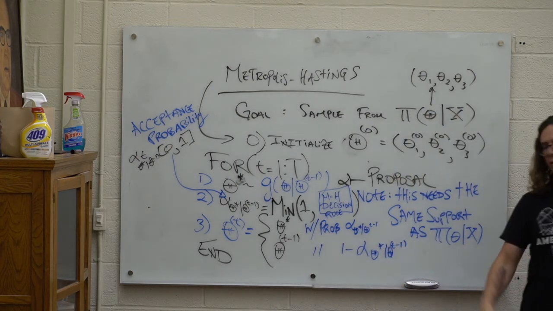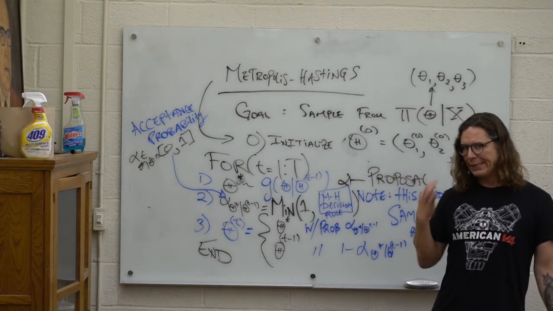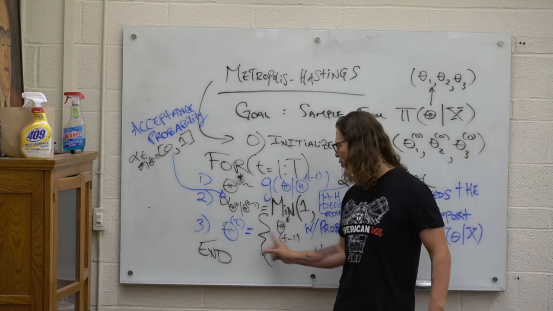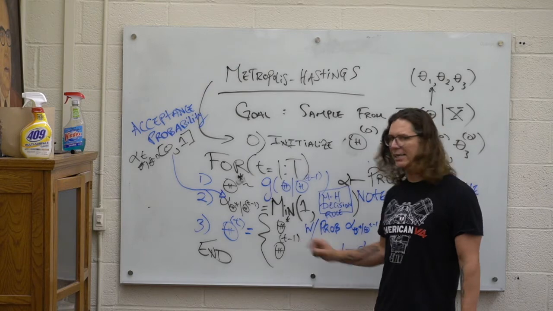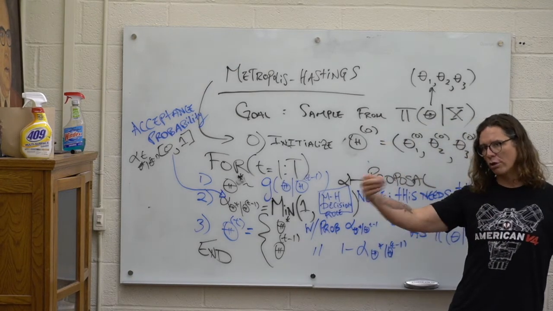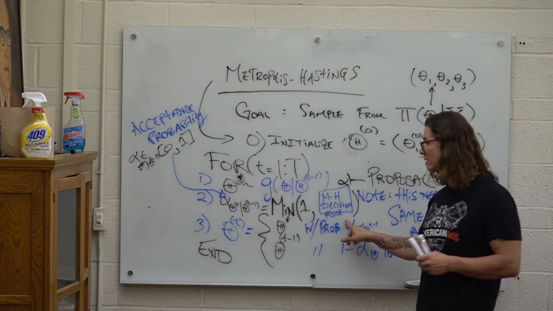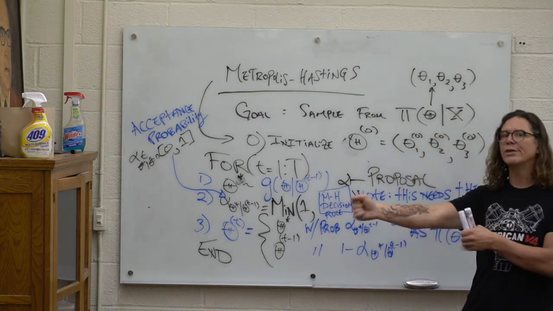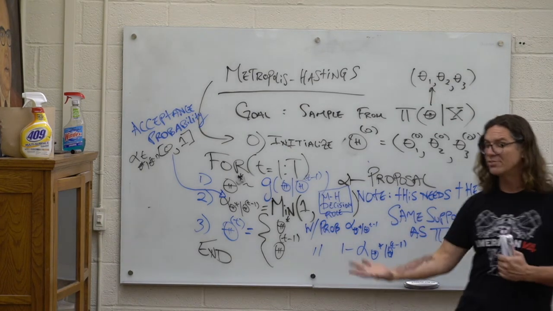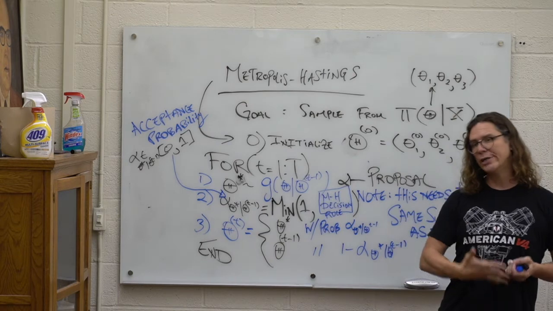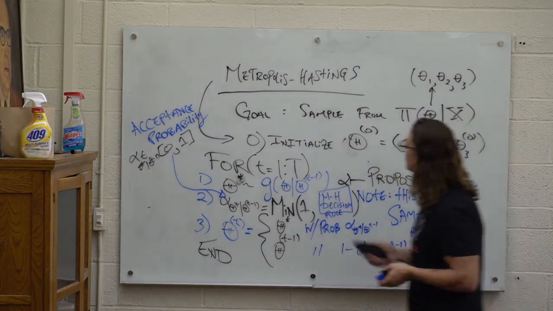This is a coin flip. So I'm going to take a Bernoulli and flip it with this probability. If I see a 1, I'm going to move to theta star. If I see a 0, I'm going to stay in the same location. And I'm going to store all of those values. I need to tell you the Metropolis decision rule, but this is going to have the same property as in Gibbs sampling: eventually, after some period, and we still use the same terminology, the burn-in period, these samples will converge. So let me show you what the rule is.